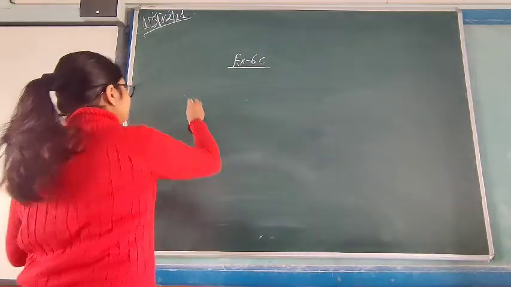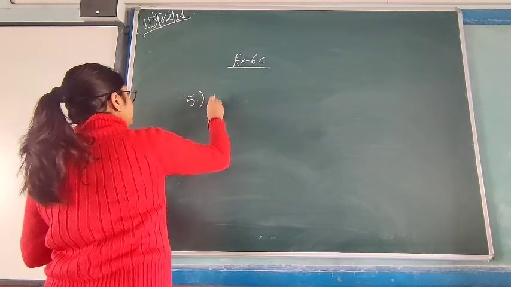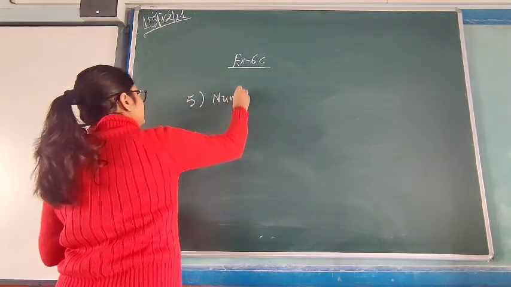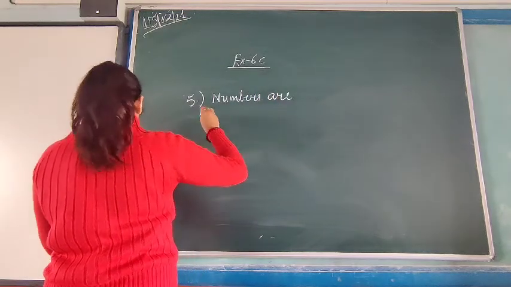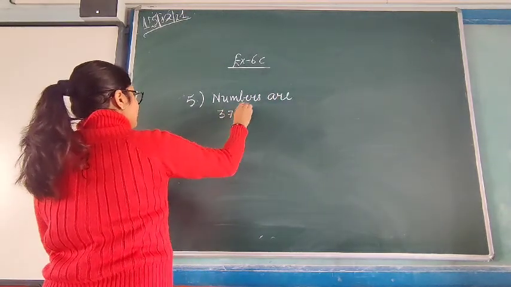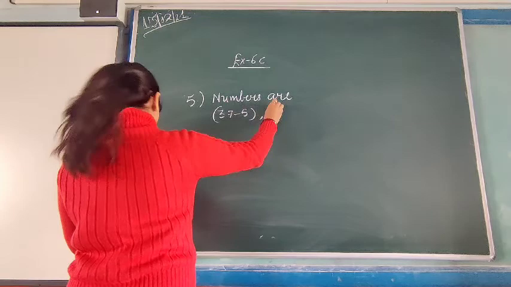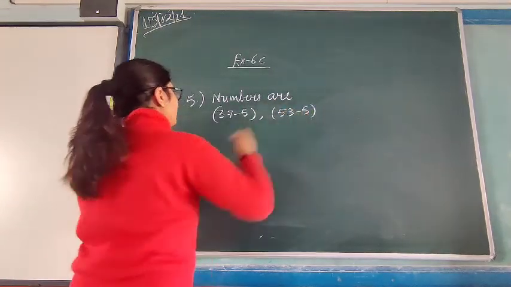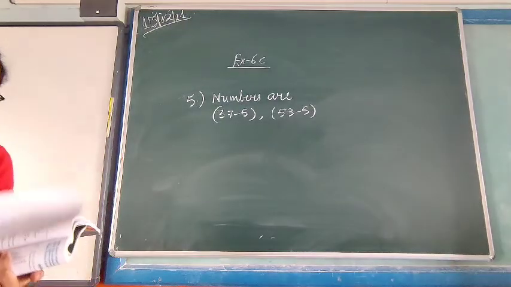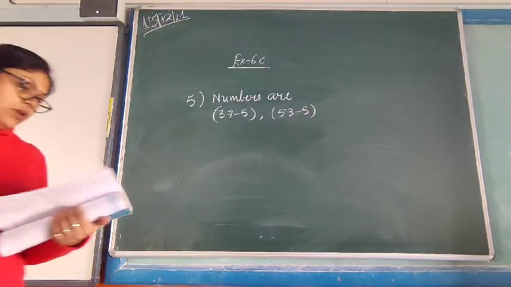So what will be the numbers? You will subtract 37 minus 5, comma 53 minus 5. Okay, 37 minus 5 and 53 minus 5 you will do.